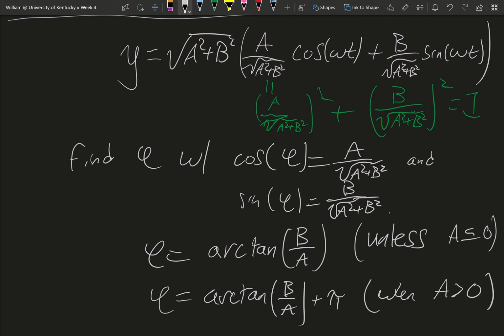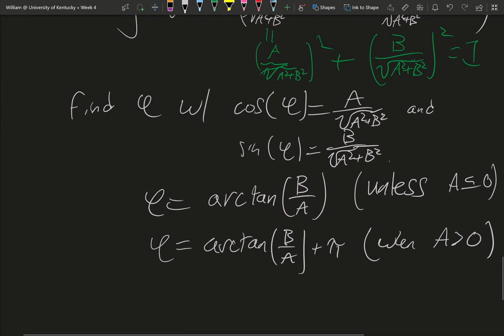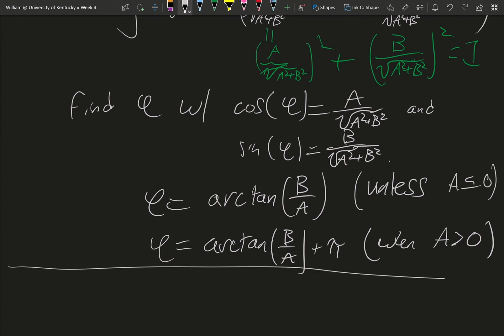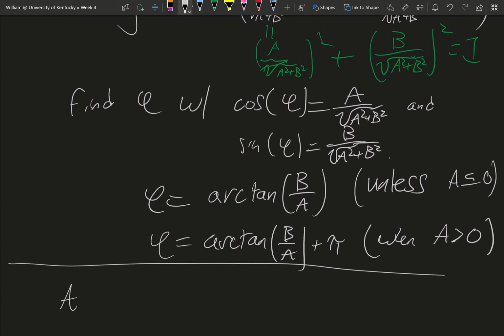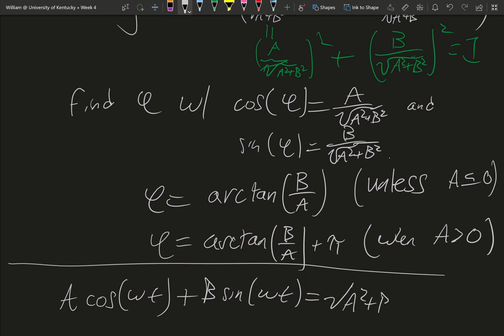If a is exactly equal 0, phi is going to be either pi over 2 or negative pi over 2, depending on if b is positive or negative. All right, so if we have that, then we get that a cosine of omega t plus b sine of omega t equals the square root of a squared plus b squared cosine of omega t minus phi.